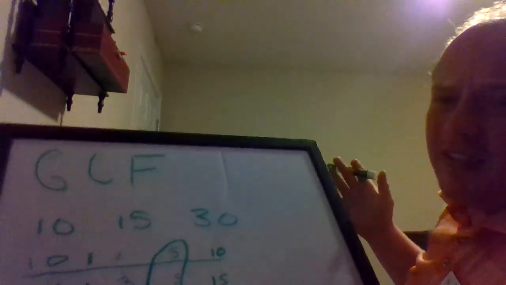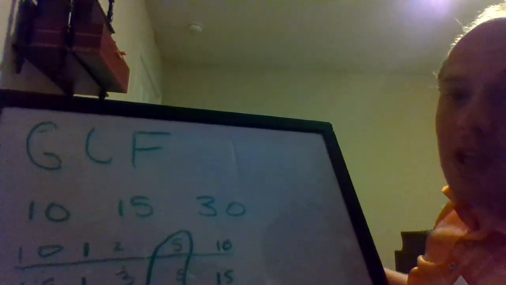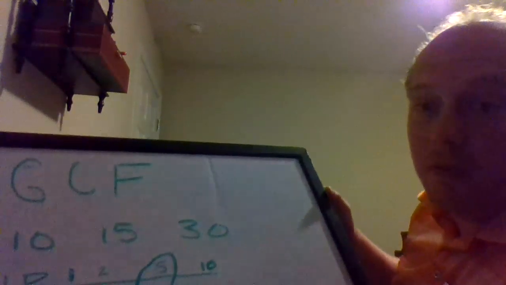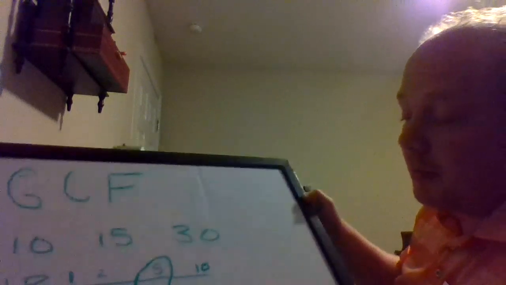It's really not that much harder than 2 numbers. There's just an extra step, and I want you to be aware of that extra step as you move forward and go into harder problems. So we will revisit this, but right now I just wanted to touch on it.